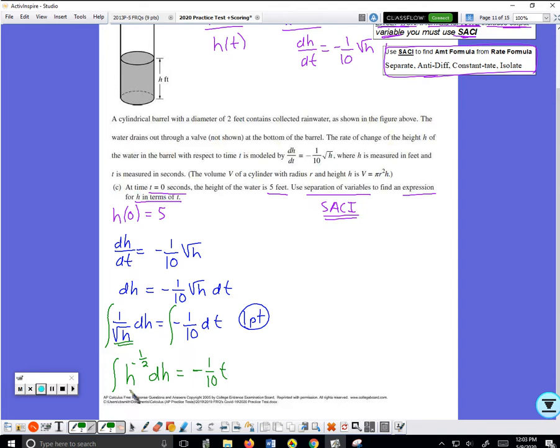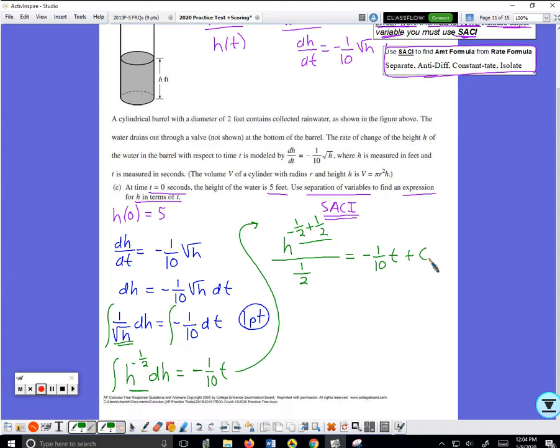I still need to find this antiderivative. So that's going to be h to the negative 1/2 plus 1/2. Negative 1/2 plus 1/2 is 1/2. Equals negative 1/10 t plus a constant.